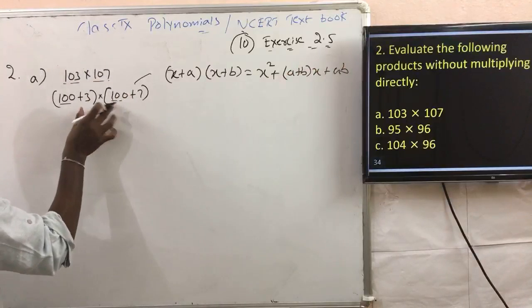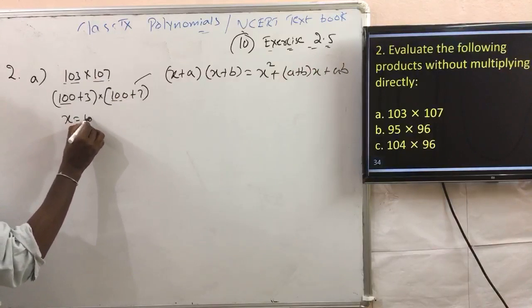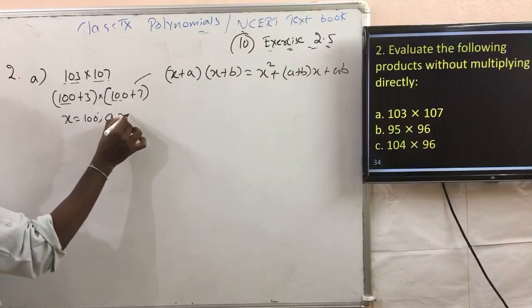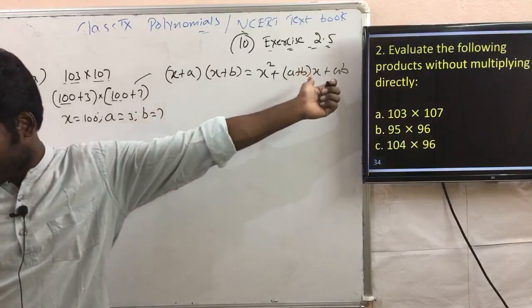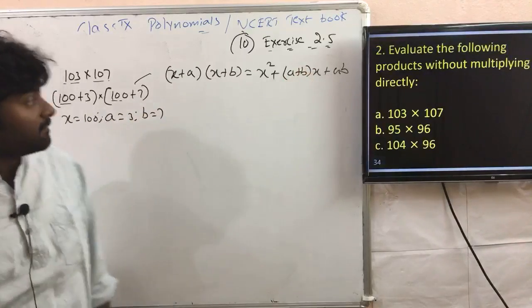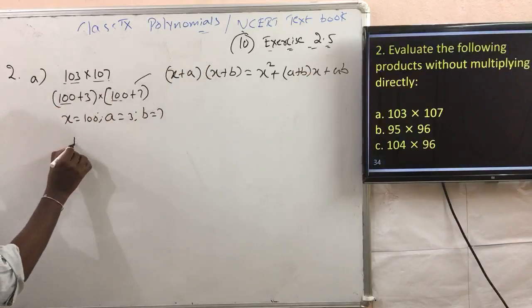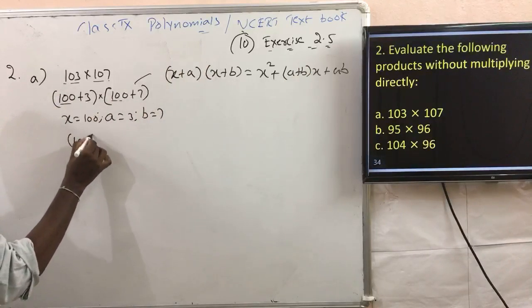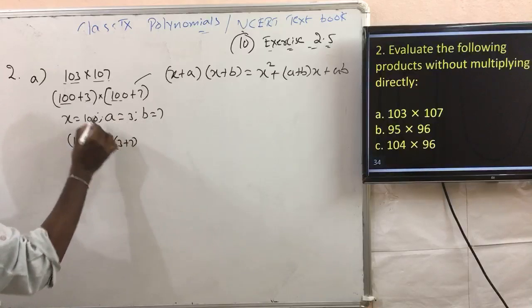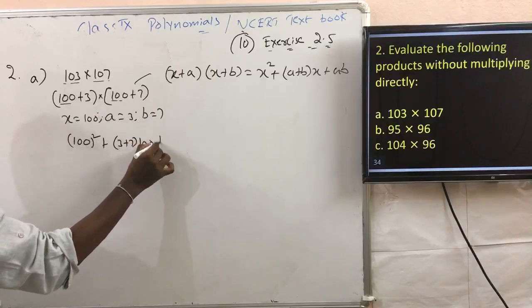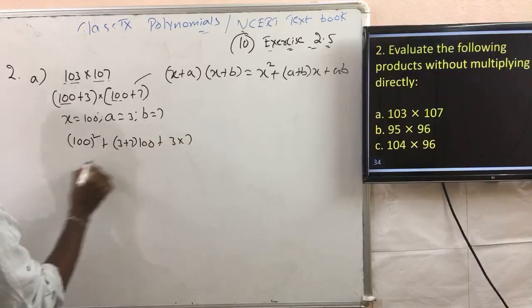In this case, x equals 100, a equals 3, b equals 7. Apply the identity. So x square, that means 100 square, plus (a plus b), that means 3 plus 7, into x, which is 100, plus ab, 3 into 7.